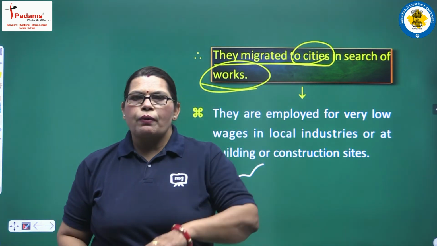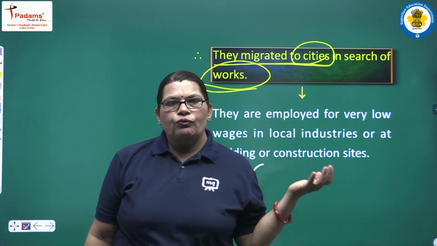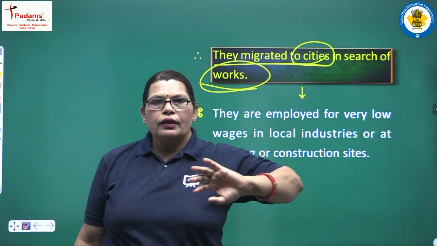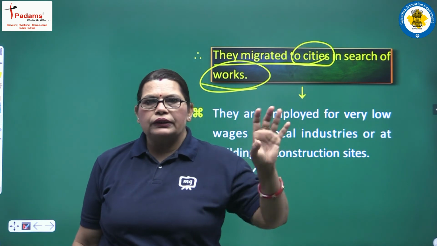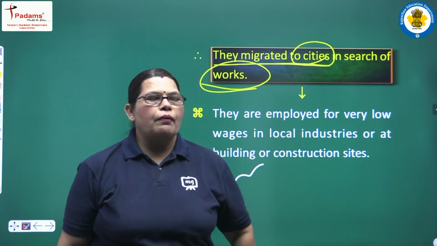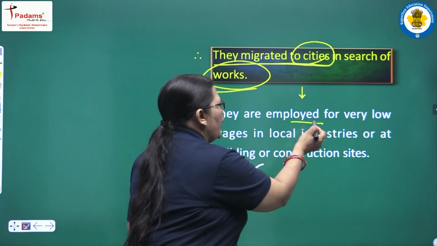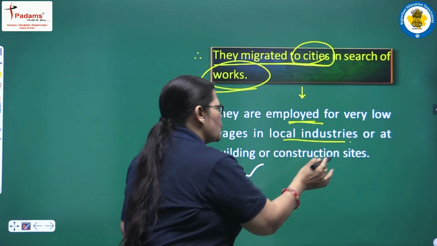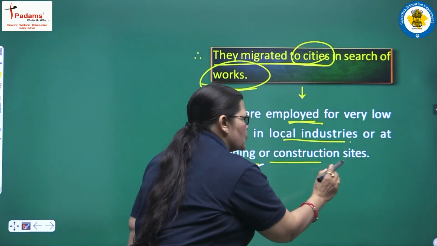When we discussed the switching off in the history portion, also in geography we discussed agriculture and industrialization. At that time also we discussed Adivasis, the tribal peoples. So they are employed for very low wages in local industries or at building or construction sites.